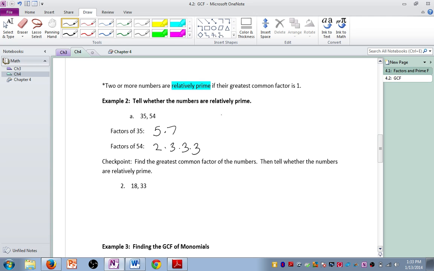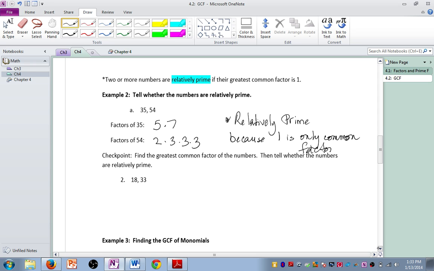Since 1 is their only common factor, these numbers are relatively prime. Please complete the checkpoint to tell me whether or not 18 and 33 are relatively prime. Find their GCF.